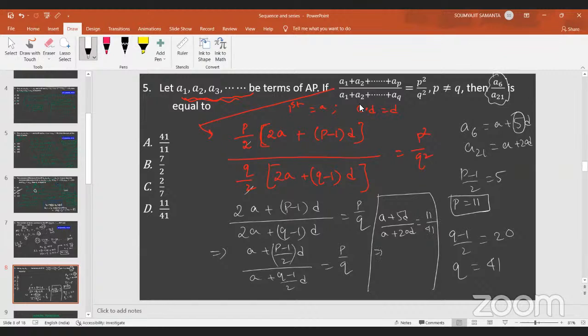So A plus 5D is nothing but A6. A plus 20D is nothing but A21. This is nothing but 11 by 41. So the value of A6 by A21 is 11 by 41. Is this clear? Yes, sir.